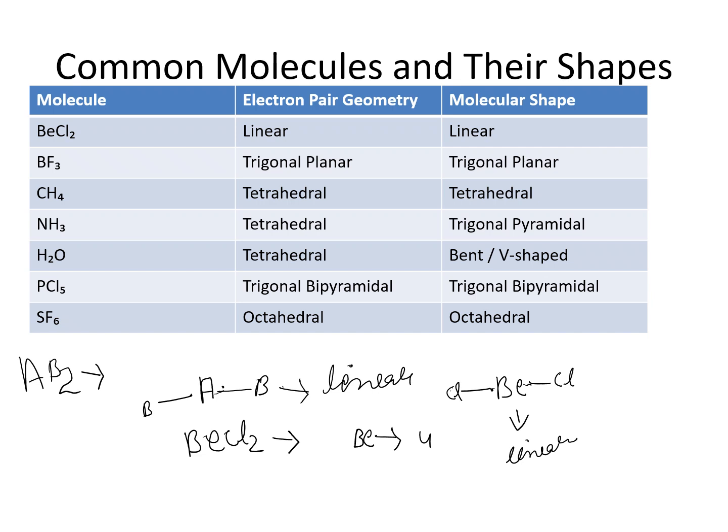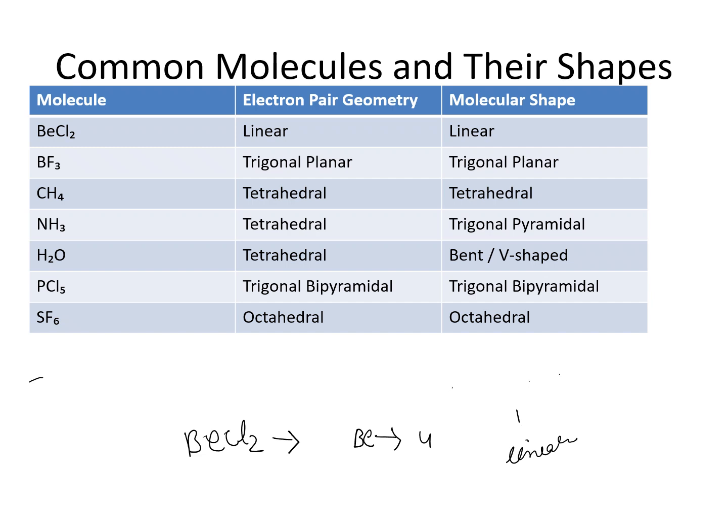Okay, now let's take an example of an AB3 type of molecule. How many valence shell electrons should be there to make the geometry of an AB3 type of molecule? Anyone in the class? For an AB3 type of molecule, we need valence shell electrons.